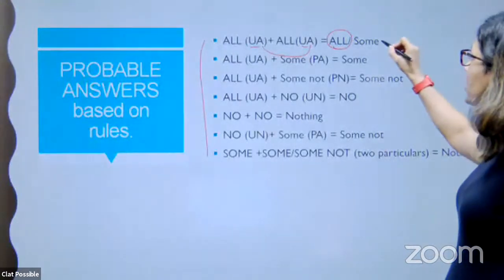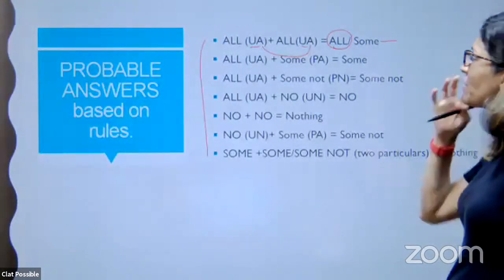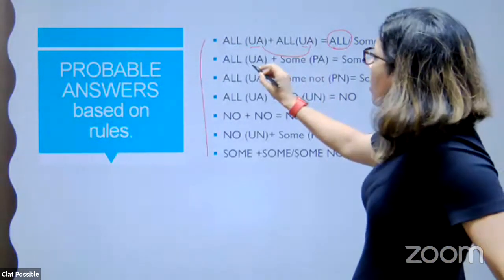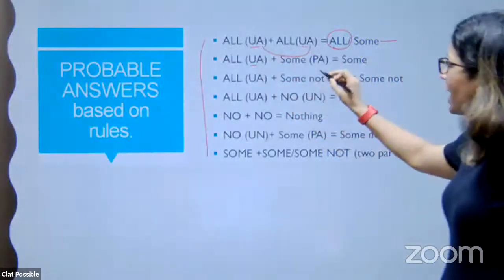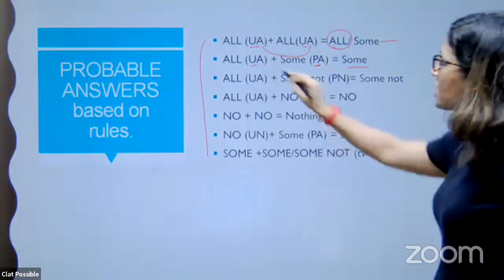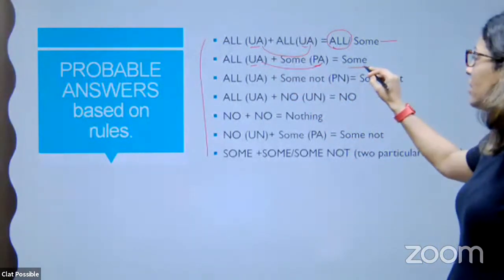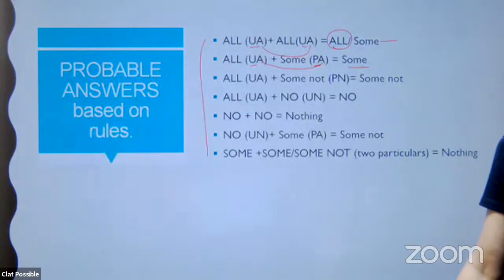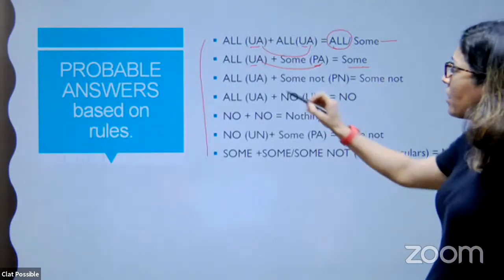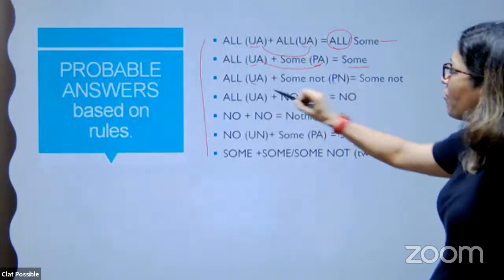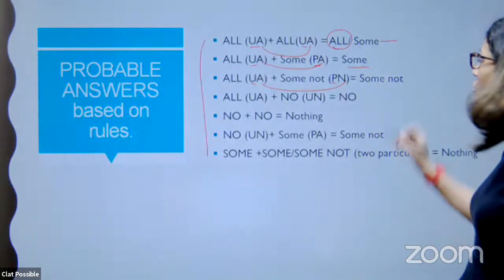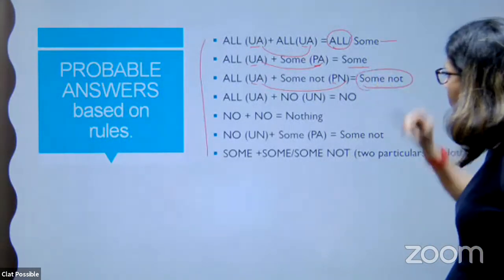So based on that, we had studied all plus all in the last class, right? Then universal plus particular will always give a particular conclusion. And if it is affirmative, again, then this is what the resultant answer will be. But in universal and particular, if one is affirmative and the other is negative, then you can only get a particular negative. So the resultant answer will be only this.